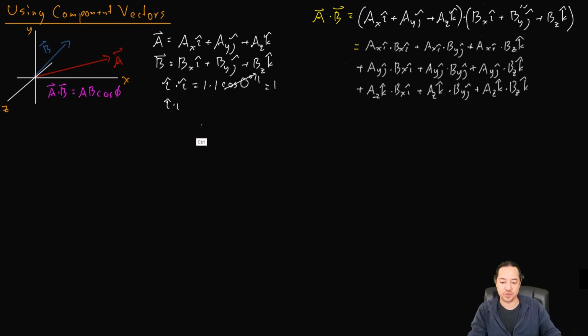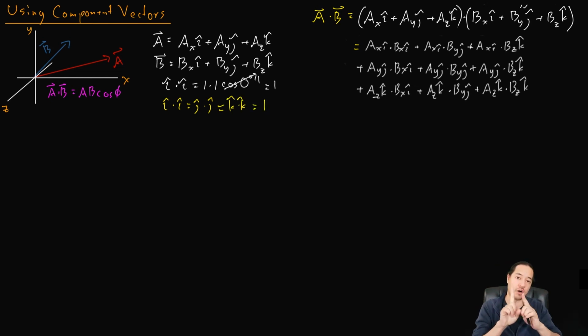In fact, let me do this in a different color. i dot i and j dot j, and also k dot k, these are all equal to 1 because they're all parallel to each other. By the same token, what is i dot j going to equal?